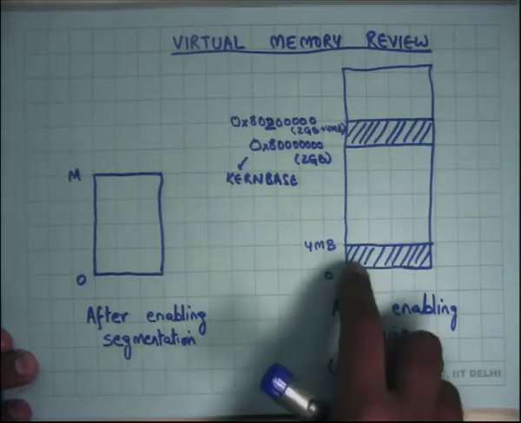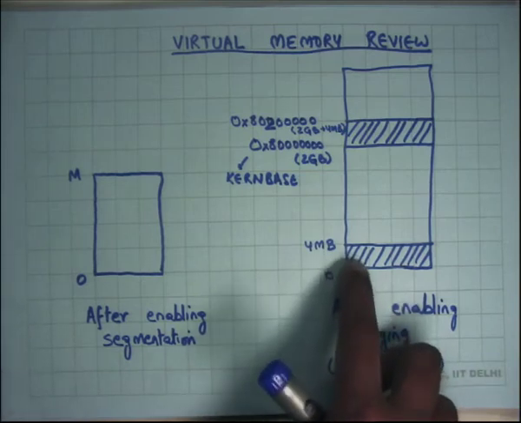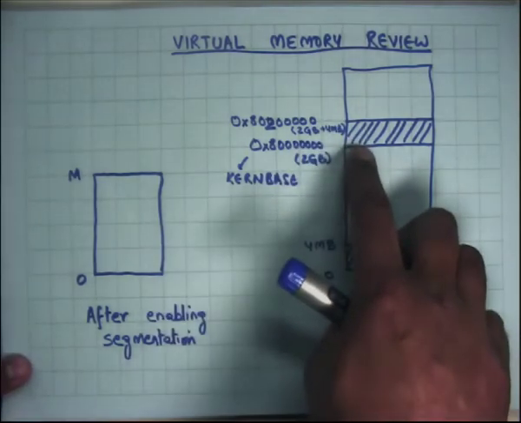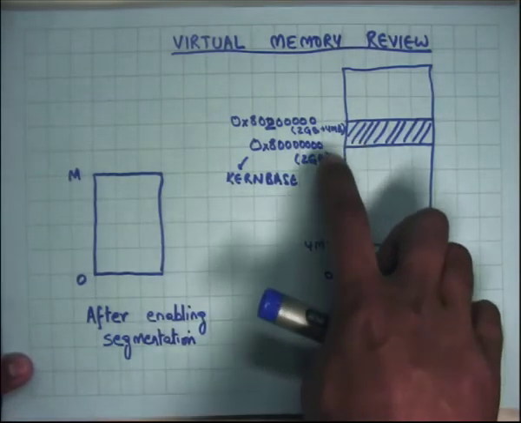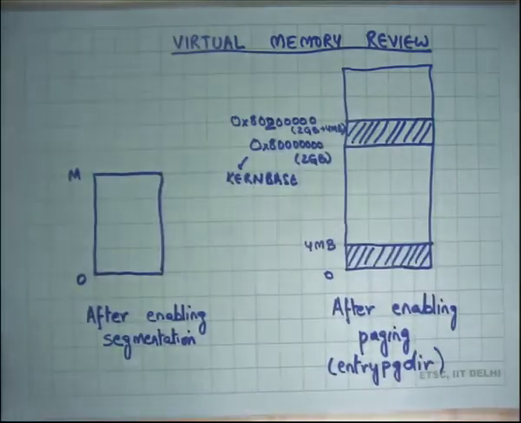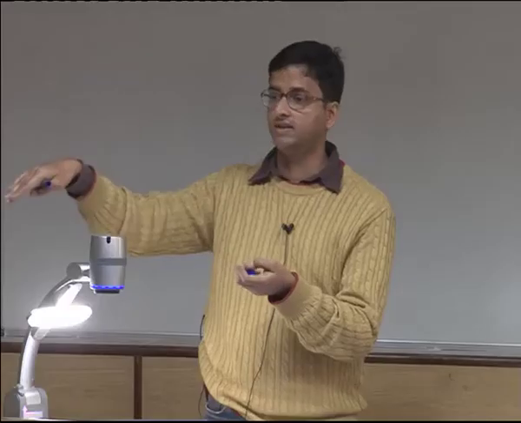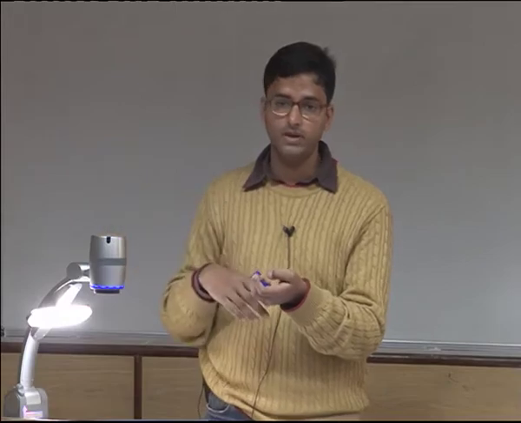So if you access an address X within 0 to 4 MB, you will hit physical memory at address X, right? On the other hand, it also maps the range KERNBASE to KERNBASE plus 4 MB to the same location, 0 to 4 MB. So if you access address KERNBASE plus X, and assuming X is less than 4 MB, then you will hit physical address X, right?